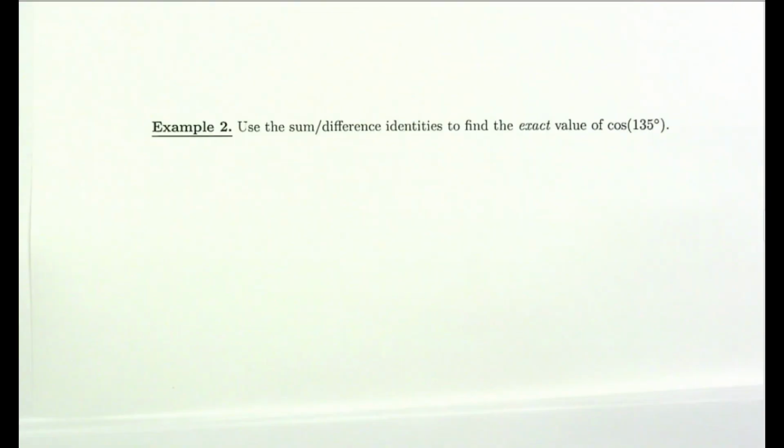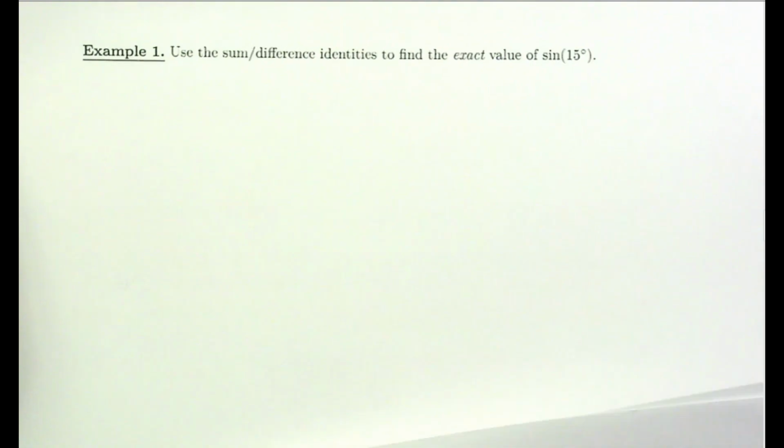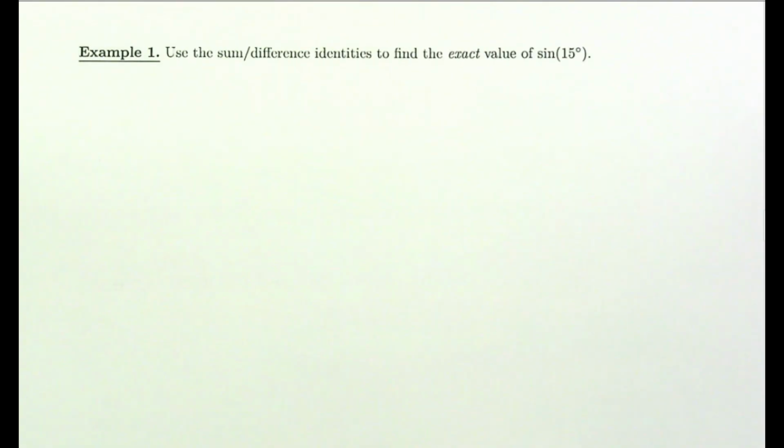Let's start with the following example. So this is a standard application of the sum and difference identities. It says find the exact value of sine of 15 degrees. Remember that when you say find the exact value, it means no decimals, no calculators for figuring out the value of sine of 15.